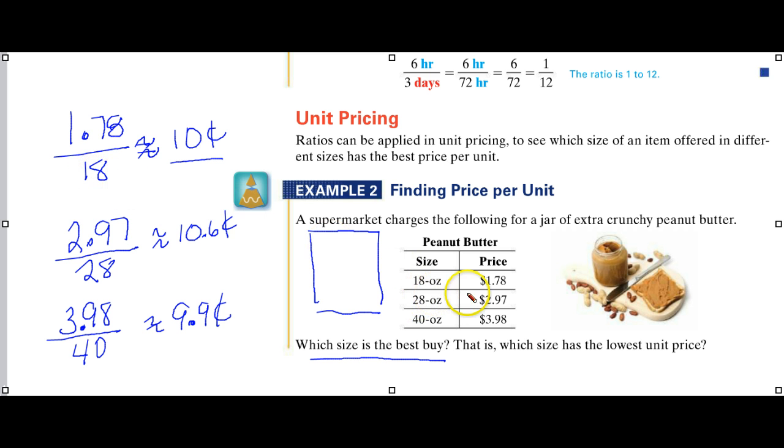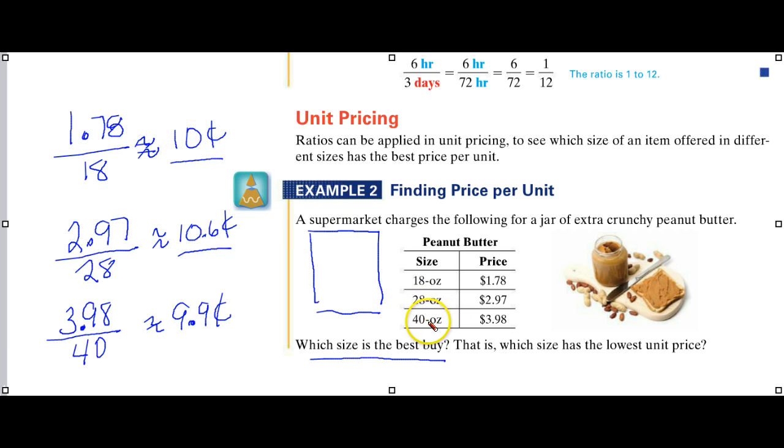Now you would think the larger quantity would be the better price. Well, for this one, you're paying a little bit more than 10 cents per ounce. So between these two, this would be the best buy.